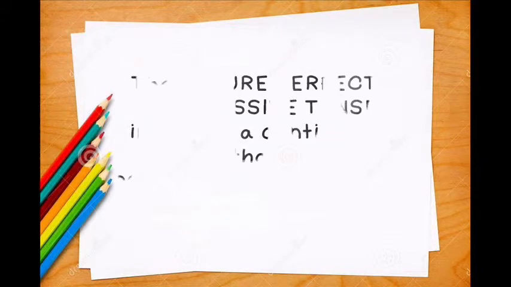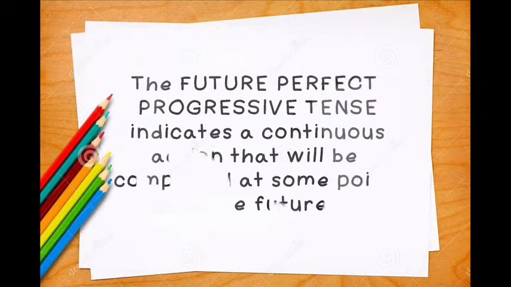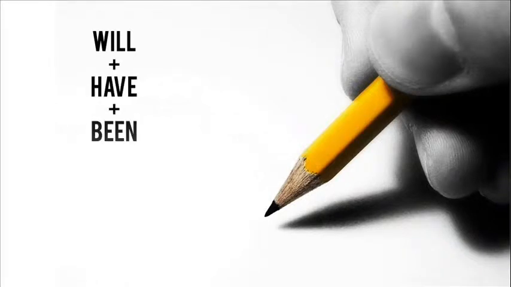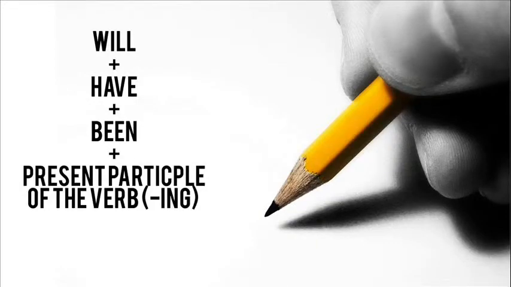The future perfect progressive tense indicates a continuous action that will be completed at some point in the future. This tense is formed with the modal will plus have plus been plus the present participle of the verb.